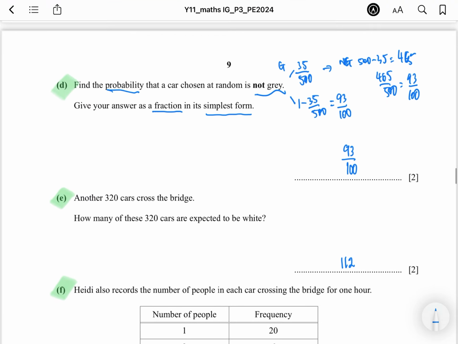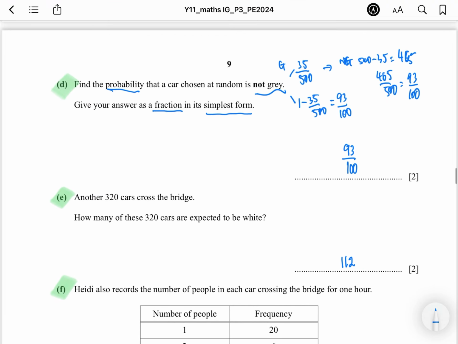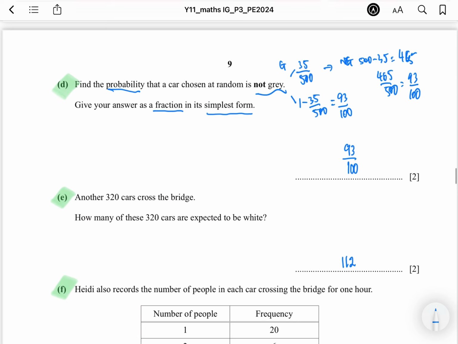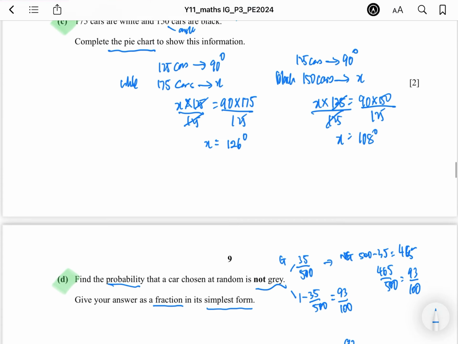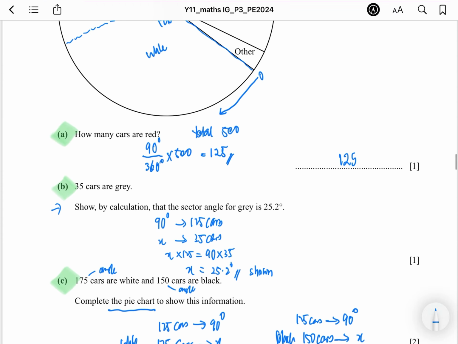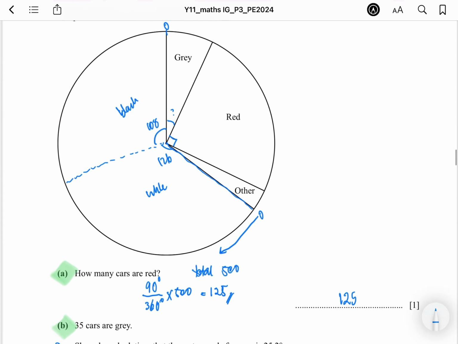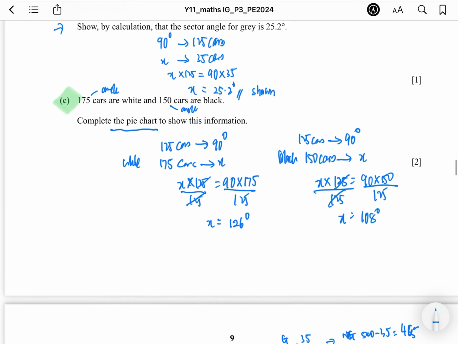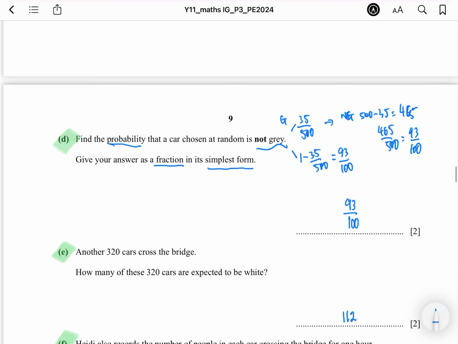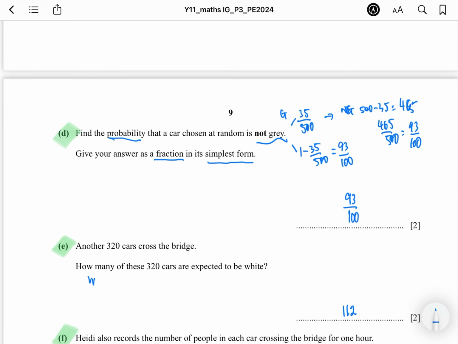Another 320 cars cross the bridge. How many of these 320 cars are expected to be white? So we need to find what's the fraction for white. White is 175. So white, according to the previous one, is 175 out of the 500.